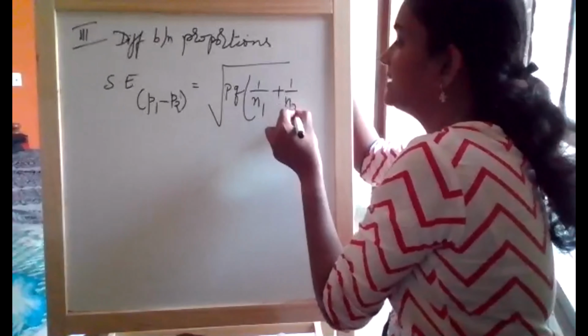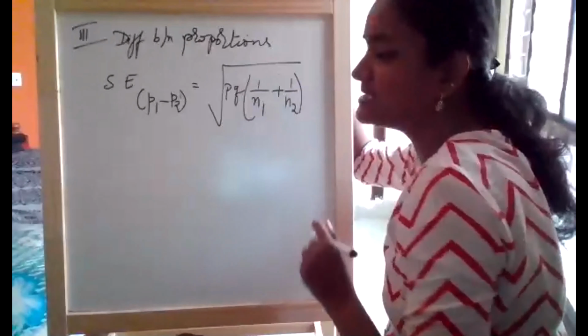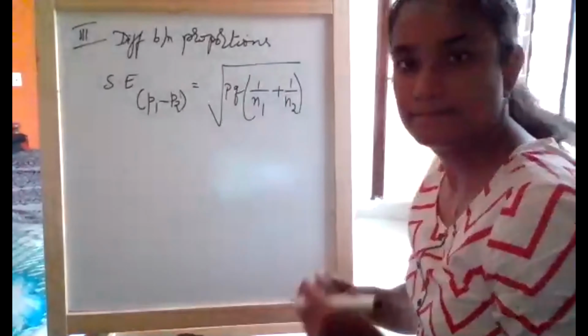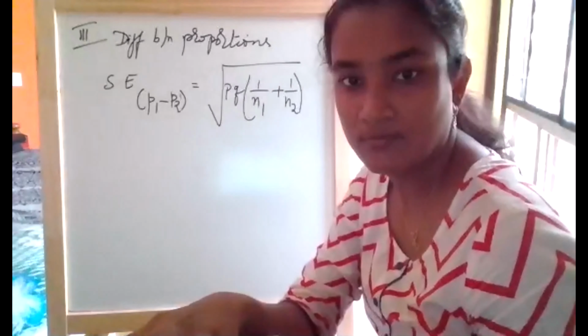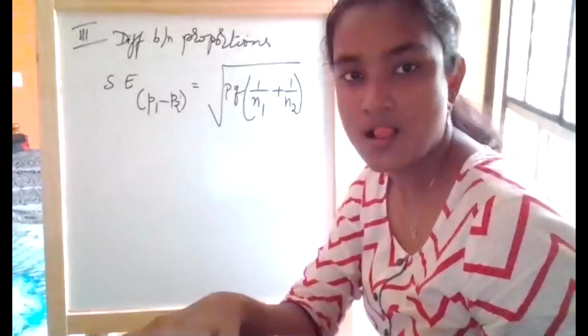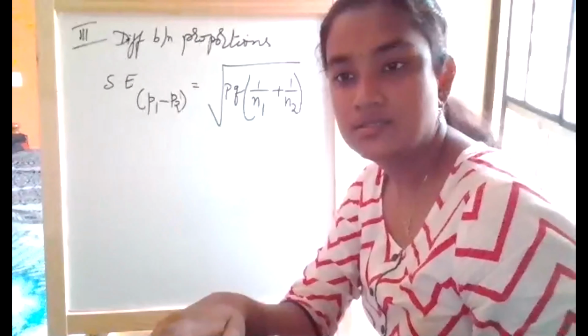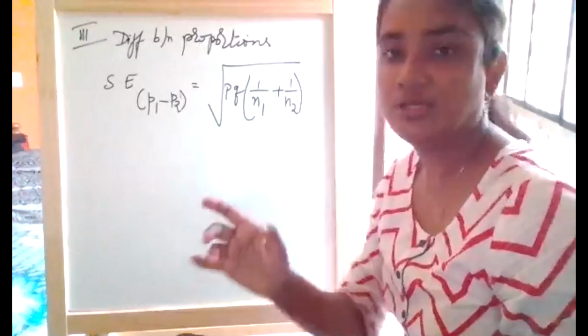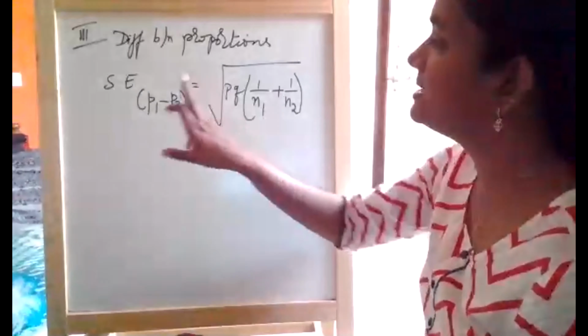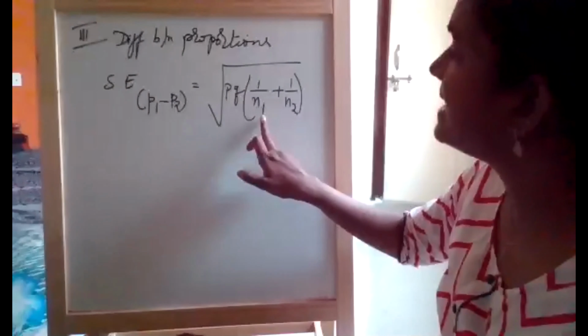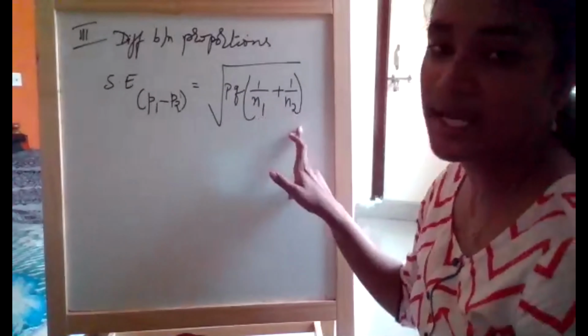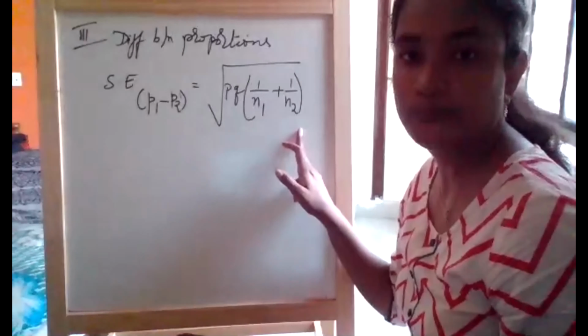Till now, whatever examples we saw, we have only one sample. Now, in this particular standard error, there are 2 samples which I am naming N1 and N2.